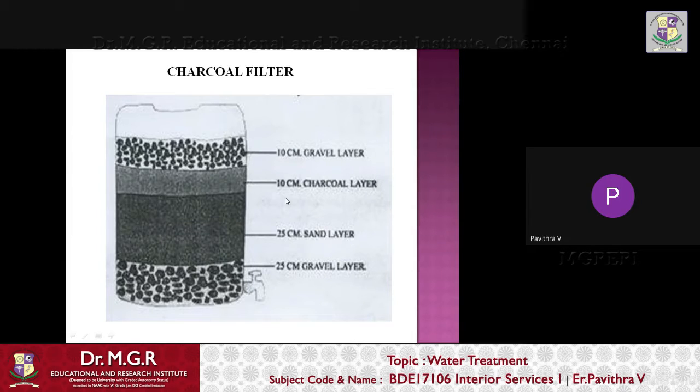The main components used in the filtration process will be sand and gravel, and pebbles will also be used. Based upon the different filters, we will be using different types of new materials. In this, we used charcoal.